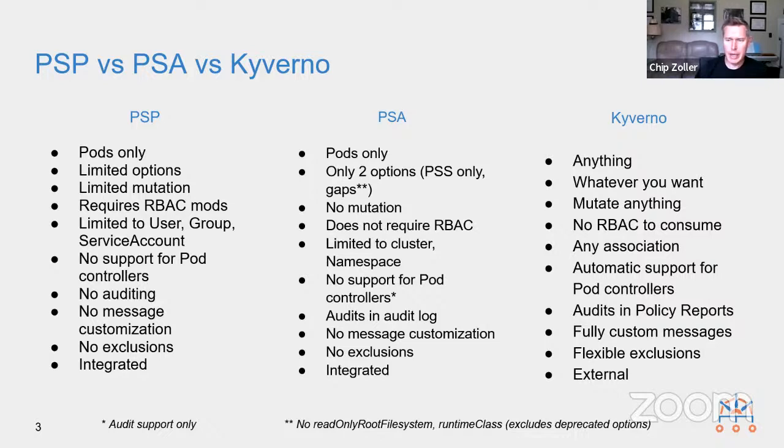PSPs, as probably everybody knows, especially those using them, require RBAC modifications. So a PSP does nothing unless you enable a principal to use it, which means that if you haven't done it in the right order, this is actually a breaking change. And I remember years ago, when PSPs were all there was, I had to implement this in a customer environment.